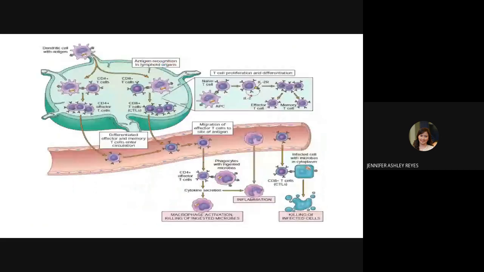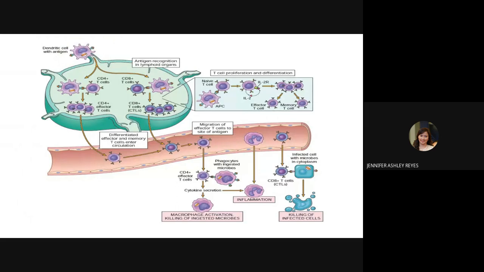So, balikan natin paano nga ba nagkakaroon ng antigen presentation. So, the dendritic cells will capture microbial antigen. And then, it expresses high level of MHC molecules and co-stimulators.